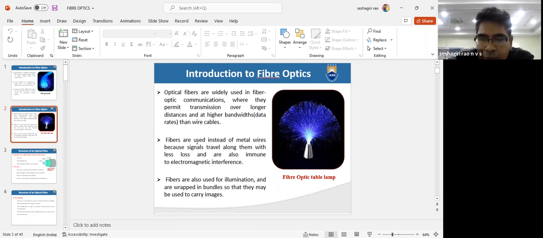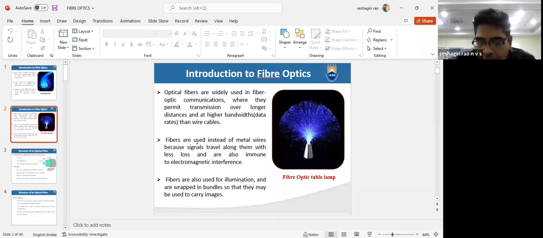Fibers are used instead of metal wires because signals travel along them with less loss and are also immune to electromagnetic interference.